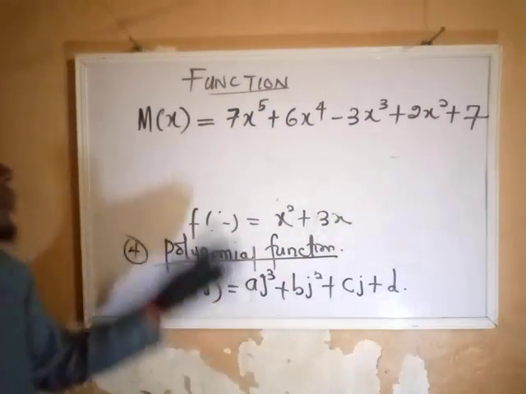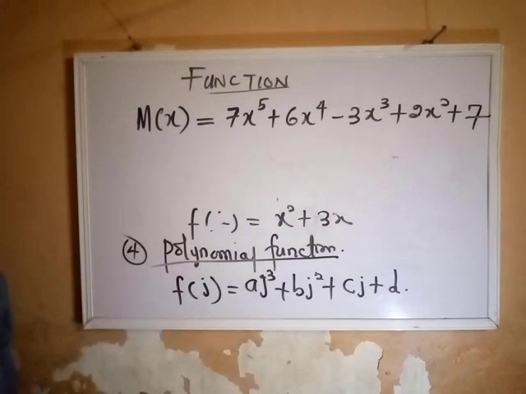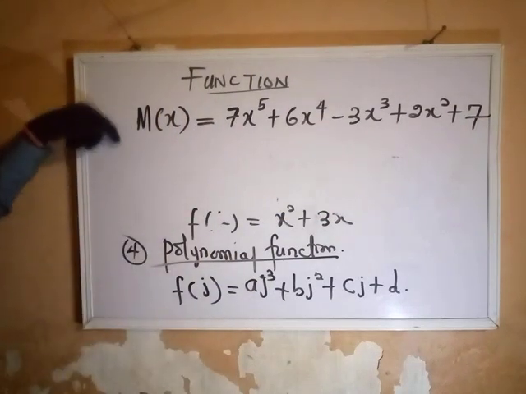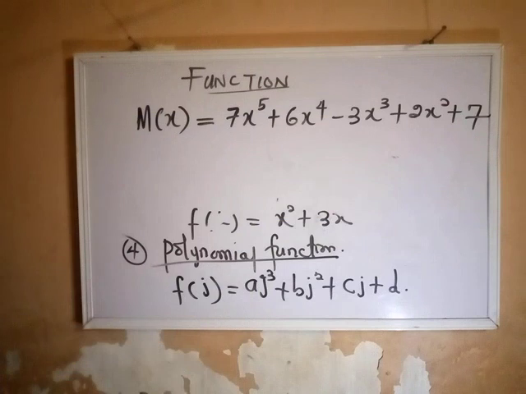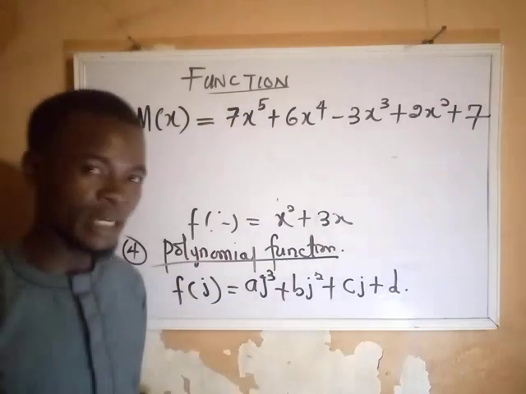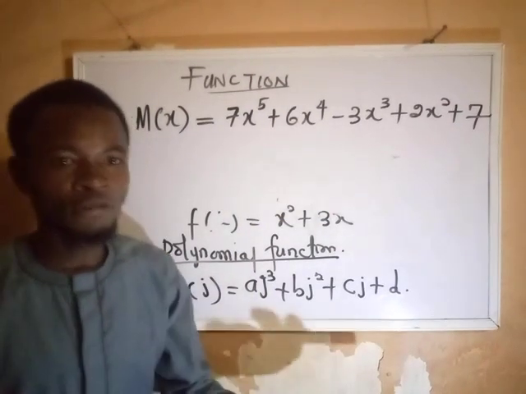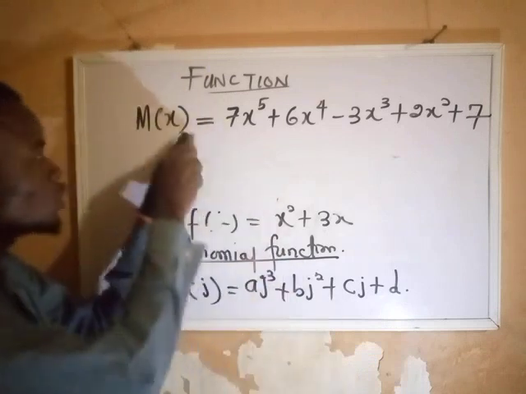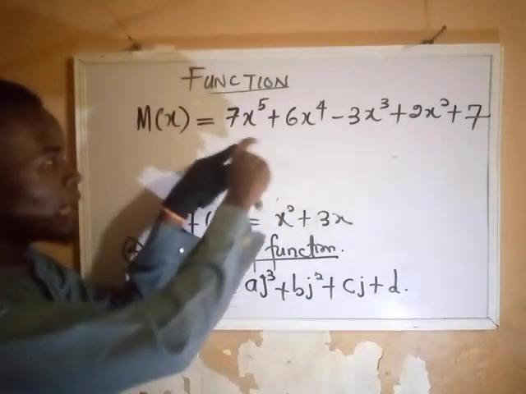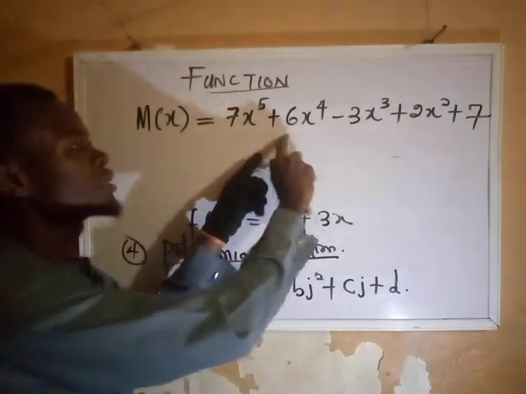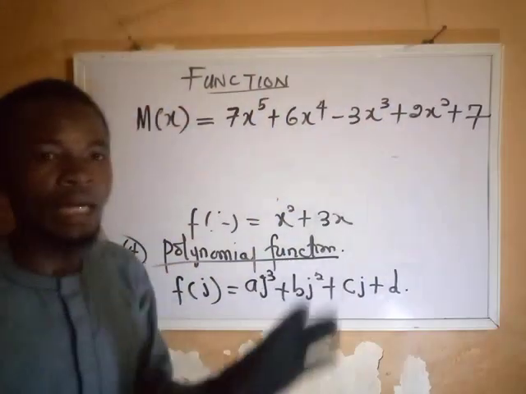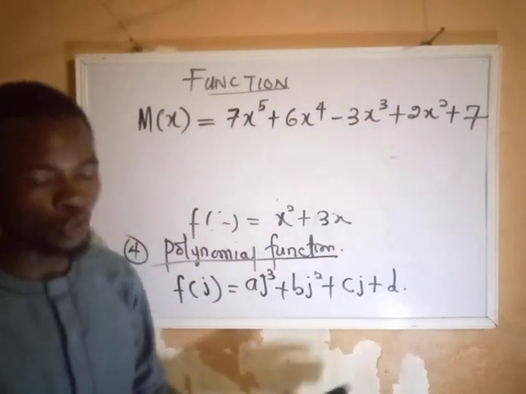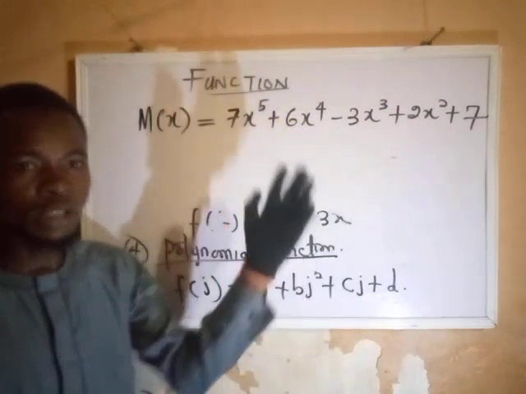So this one is another example of polynomial function. This m I used here can be anything. Function can be anything. Just sample any alphabet, then take it as your function. As far as what is enclosed in the bracket is correlated with all the variables that we have at the other side, you don't have a problem with any alphabet you use as your function.